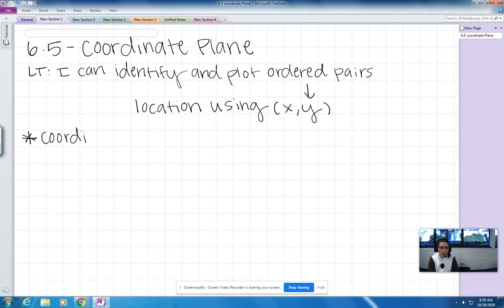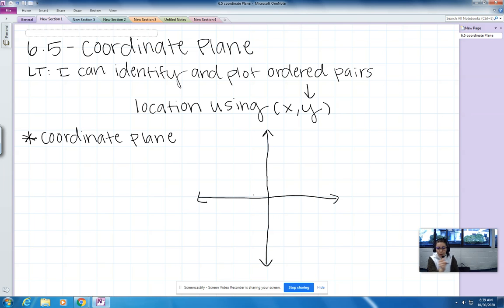So now we're talking about the coordinate plane. A coordinate plane has two axes, a vertical axis and a horizontal axis. So it looks like a giant addition symbol. So there's our vertical axis, and here's our horizontal axis. Each of these has a name.